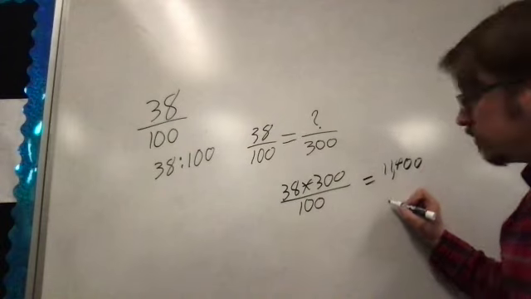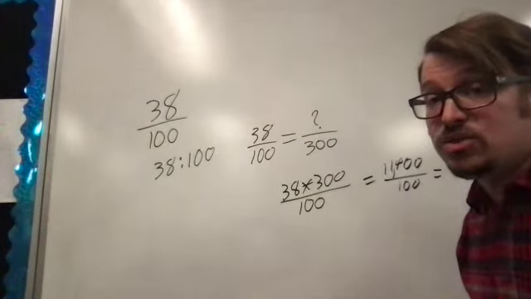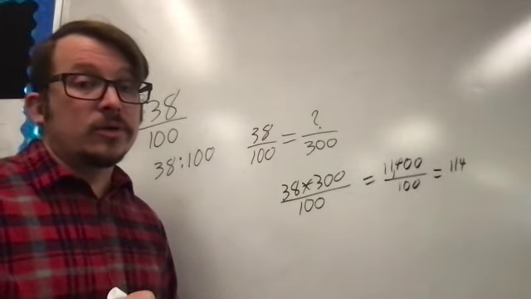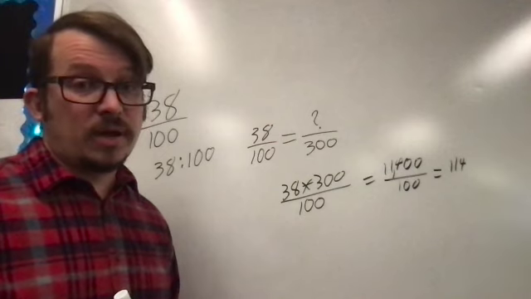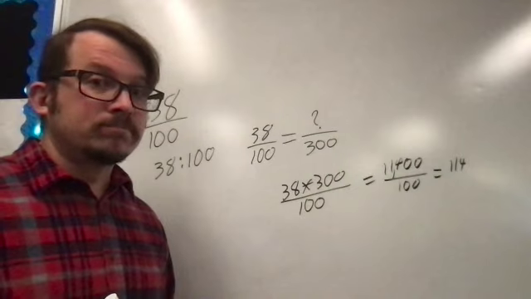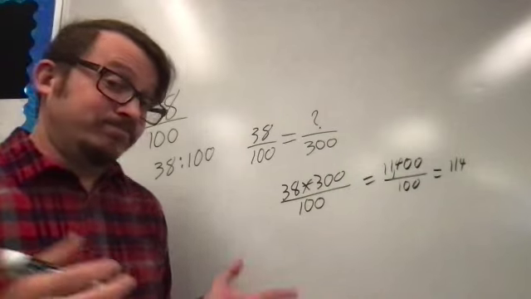Now we divide by 100. That's 114 gray cats. If you've got 114 gray cats in your backyard, that might be a problem, especially if you've got a total of 300 cats in your backyard. So, I don't know, is this like the Crazy Cat Lady starter pack?